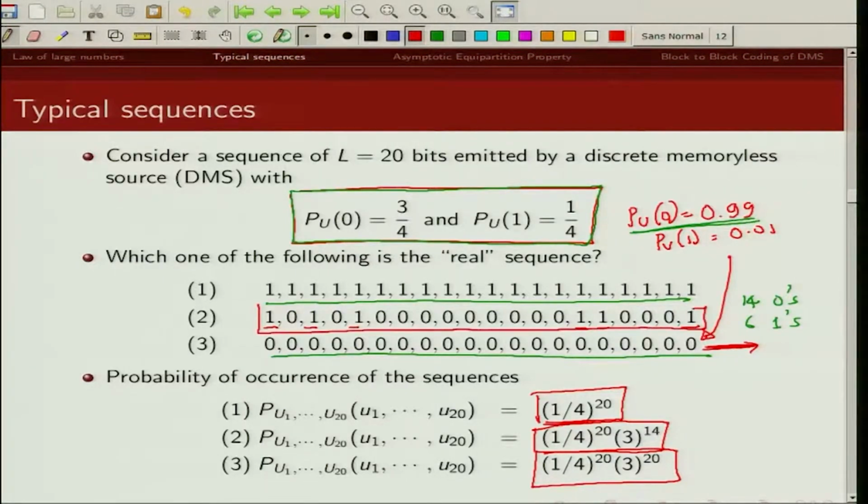So this is a more likely sequence to come out of this particular discrete memoryless source. So what I will say is, this is a typical sequence which is expected out of this particular source. Now we will formally define what a typical sequence is, and then we will show some properties of typical sequences.